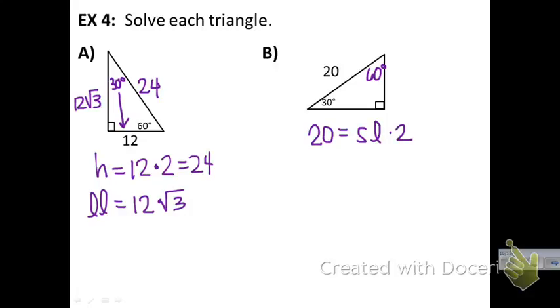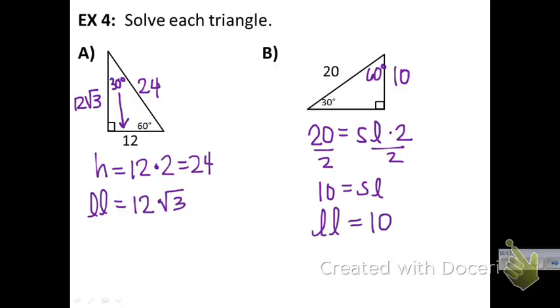To solve this, we would divide by 2, and 10 equals the short leg. That would be opposite the 30-degree angle, so this is 10 up here. Once we know the short leg, it's easier to find the long leg. The long leg is equal to the short leg, which is 10, times root 3. So our long leg is 10 root 3.